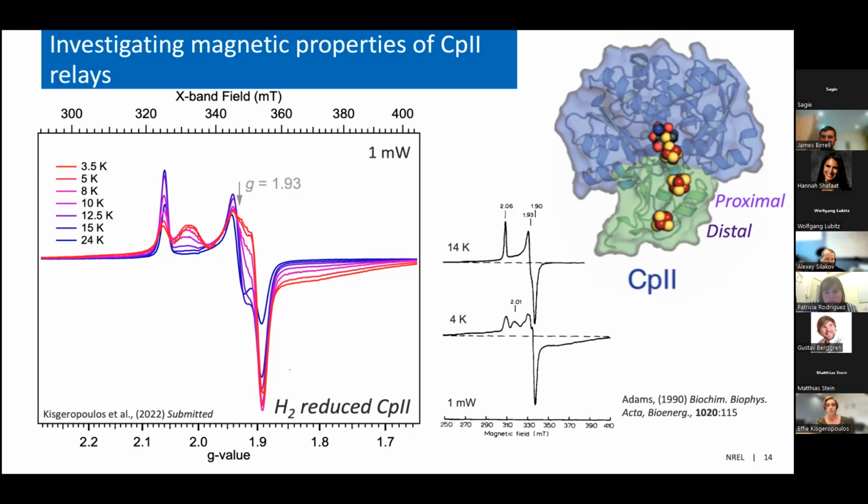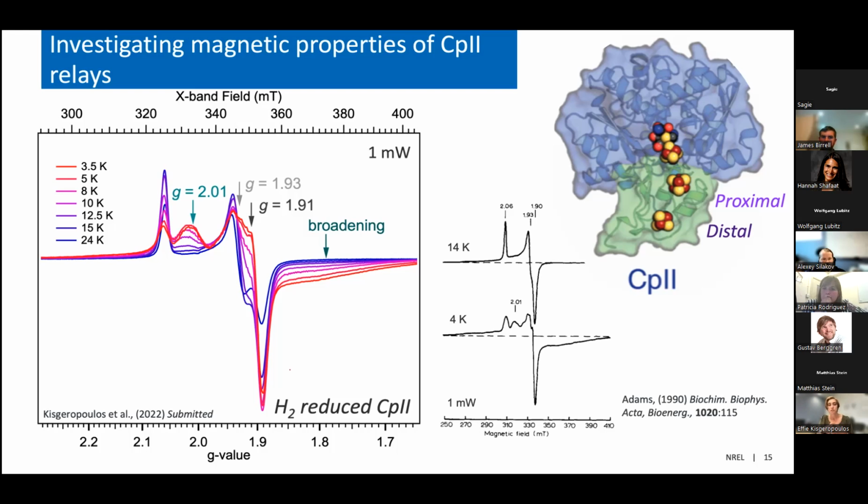But at lower temperatures, what they noticed is that there was a lot of additional spectral complexity that grew in. And I'm going to step through what those are. So we see the growing in of this feature at g equals around 2, so 2.01 I have indicated here to match with what was indicated previously. So that shows up at the low temperature. There is this excessive broadening on the high field side. The point that I have indicated right there is about 1.79, I believe, for a g value.